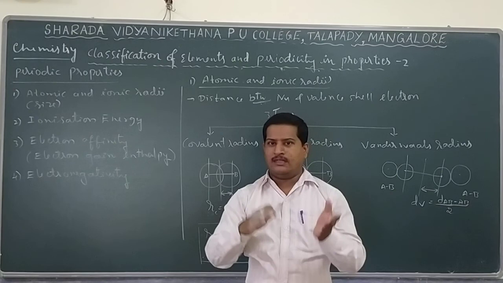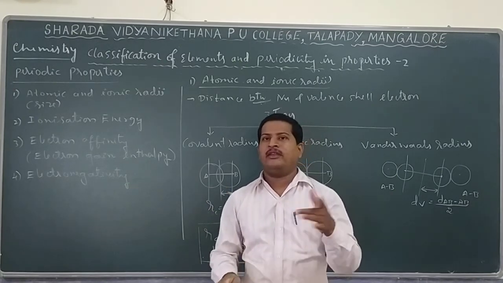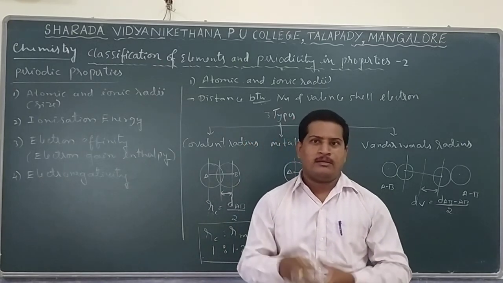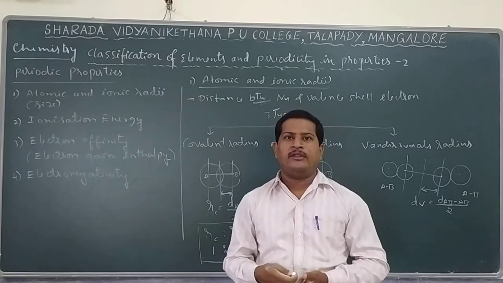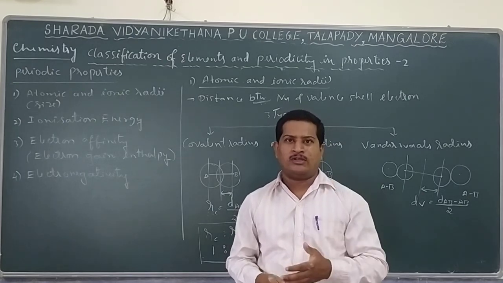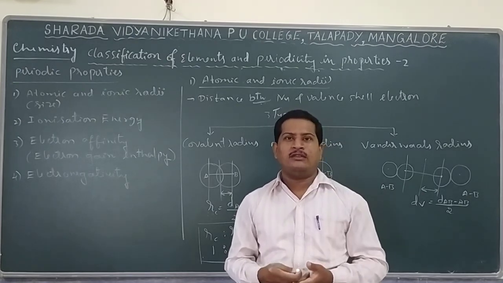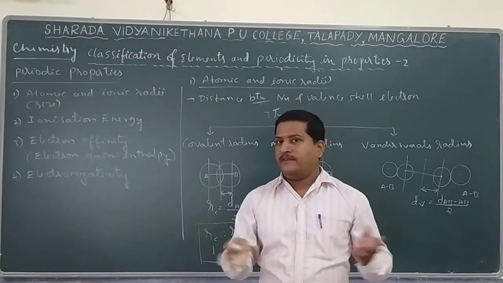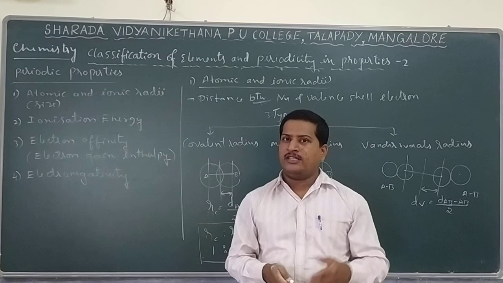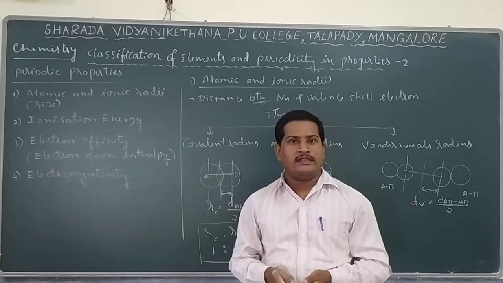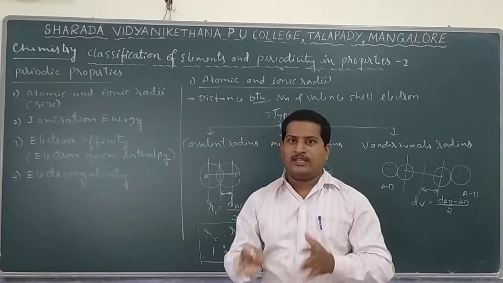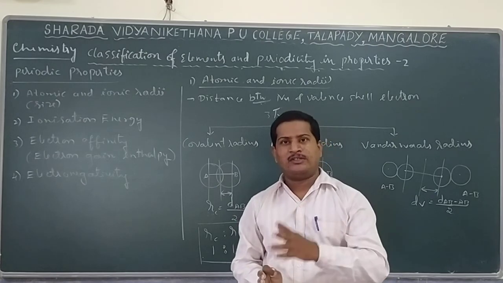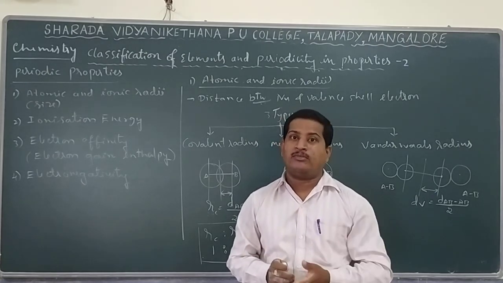Let us see another concept in the periodic table, periodicity in properties. The main advantage of our modern periodic table is to look at basic information for different elements while comparing them. It is very difficult to remember each and every property of all 118 elements, but we can compare them. Using the periodic table, it is possible to compare some of the important properties.